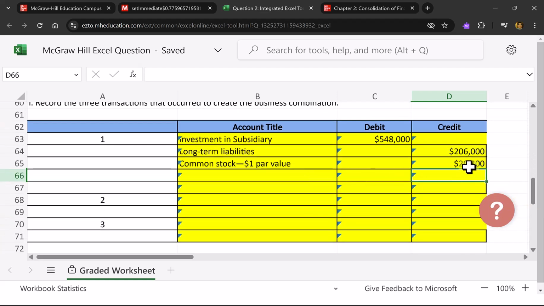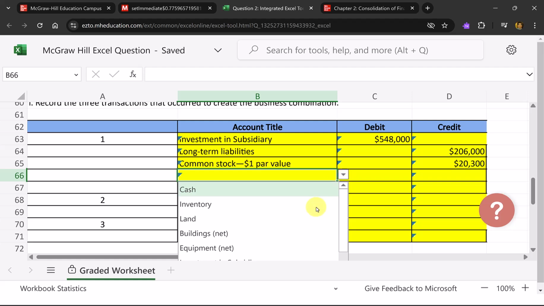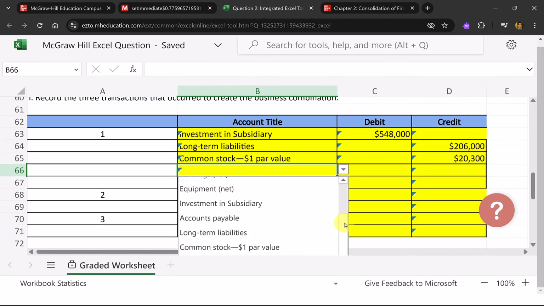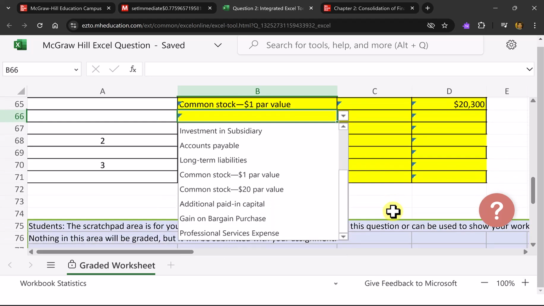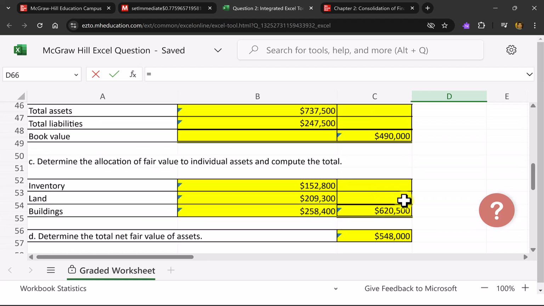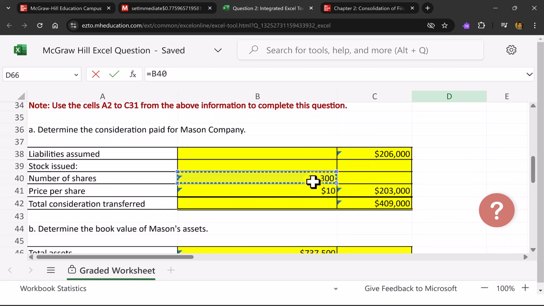And then, of course, that's not what the stock is worth. It's going to be worth $9 more, yeah? And that's additional paid-in capital. The normal balance of an equity account like that is a credit. If I can scroll down there, additional paid-in capital. And again, we're issuing the same amount of shares, 20,300 times.